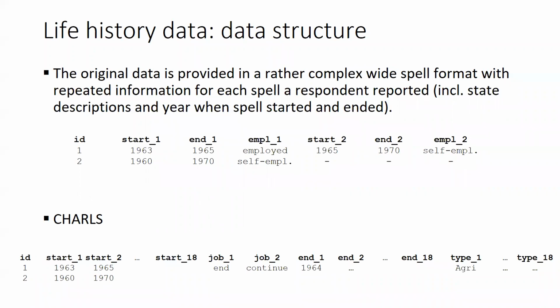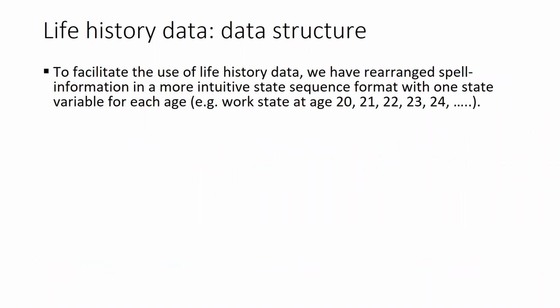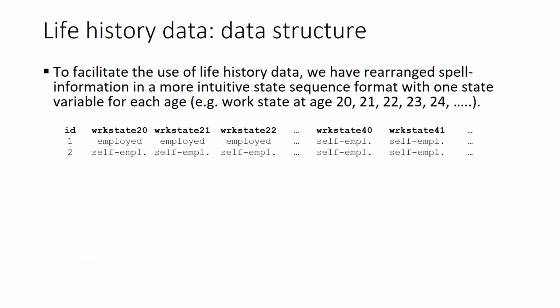and therefore one of the main endeavors of our harmonization project was to build a state sequence format, to rearrange the data in a way that we know each state of each important variable at the age of 20, 21, and so on. This is what this new data looks like. Now you have the complete information, in this case, of the work status at age 20, 21, 22, and so on, till people stopped working and we don't have any information about their working status.